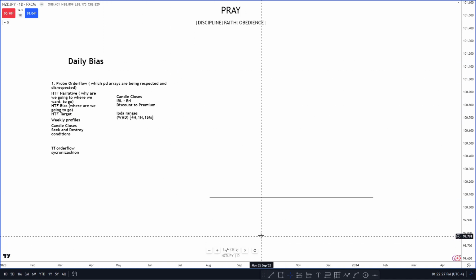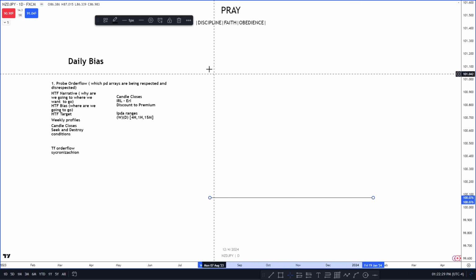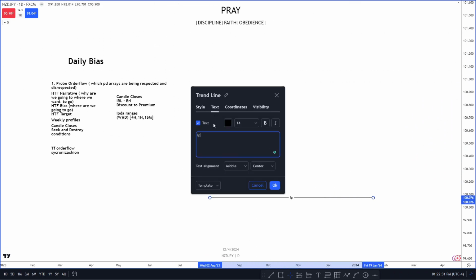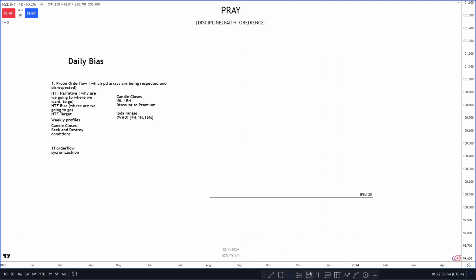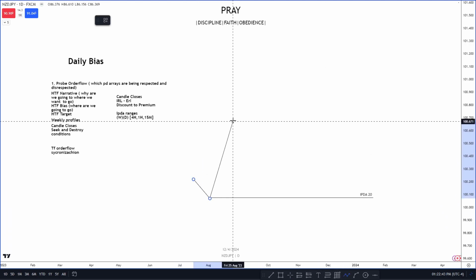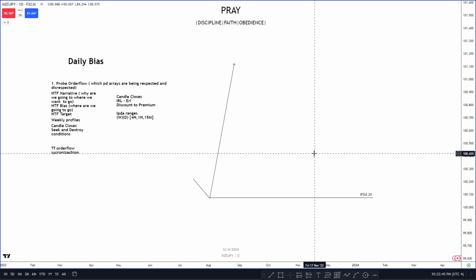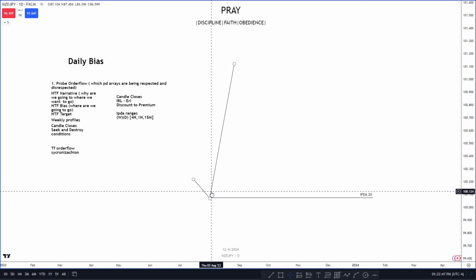So high time frame narrative. Let's say this is an IFTA 20 range, right? Let's say this is an IFTA 20 range that we want to target. And this is a low that's been left, right? And then we've been trading higher. So we left this low.